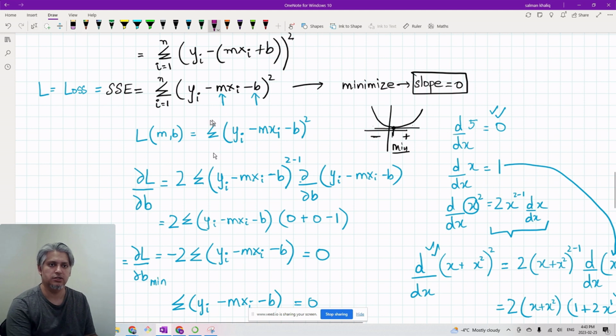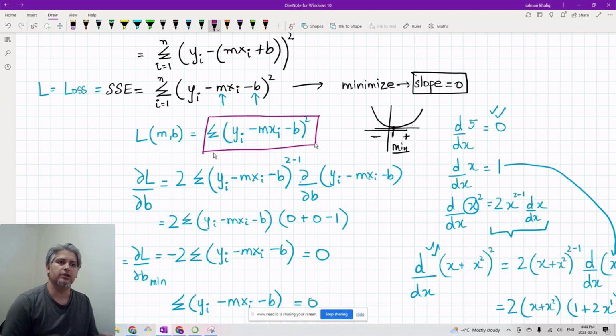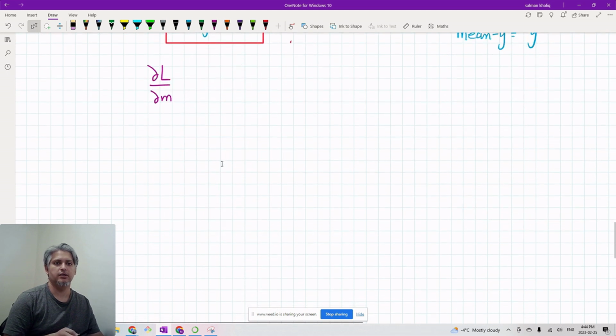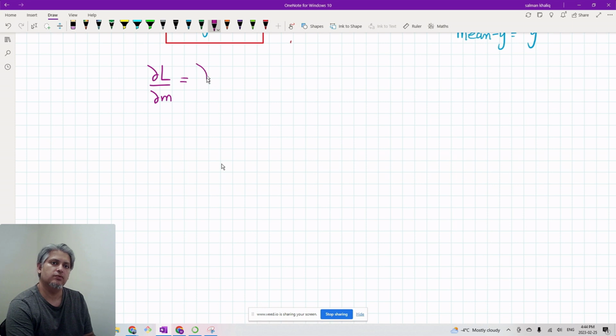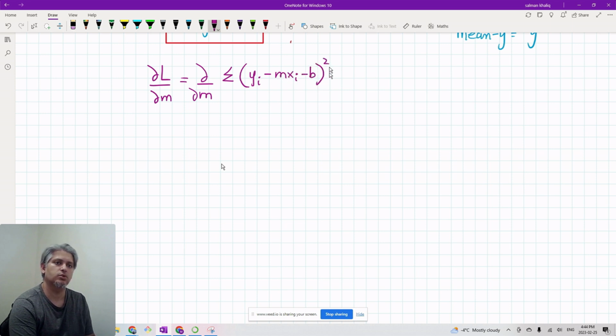My original loss function was this. So I'm going to copy this over here and write it. I need to find the derivative with respect to m of this loss function. It was sum of yi minus mxi minus b, whole square.